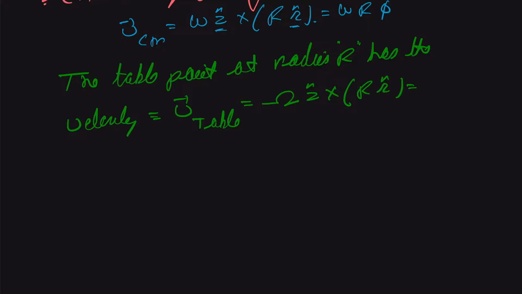And once again, z cross r is our phi. So this comes as omega r phi unit vector.